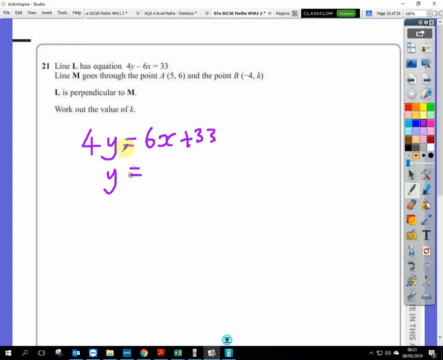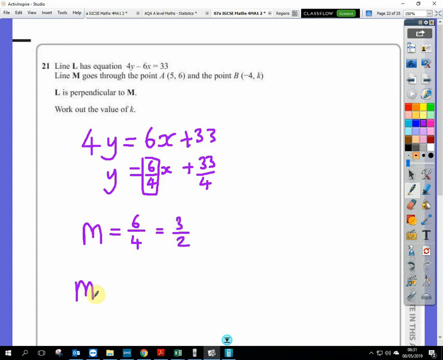So divide by 4, y, divide by 4, 6 over 4x, rather than a long fraction line over 4. And this way, I can see that the gradient is 6 over 4, which cancels down to 3 over 2.